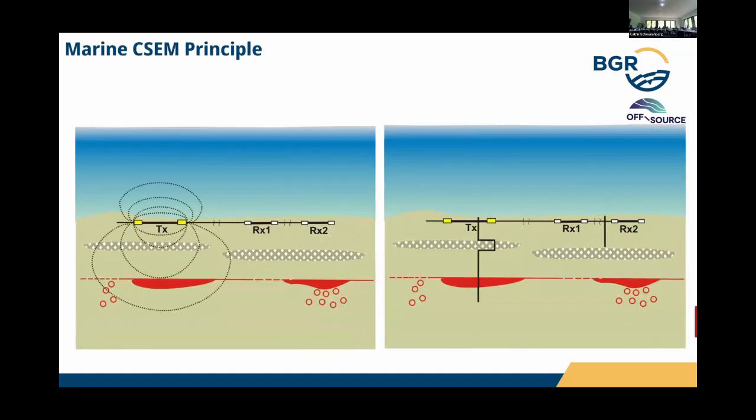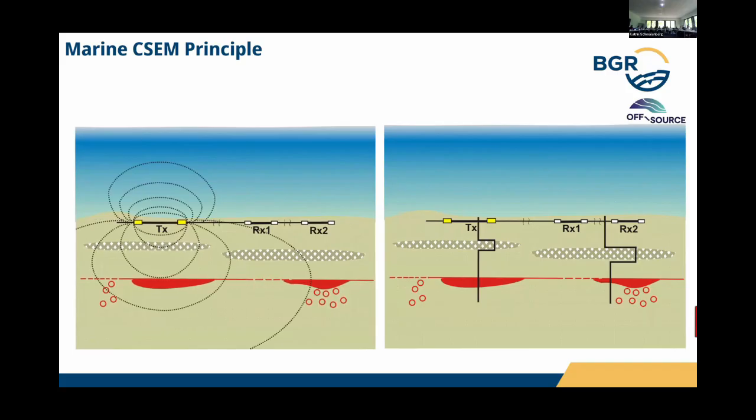Okay, to start with a basic controlled source EM principle. In this example on the left side, we have an electric dipole transmitter on the seafloor, and at some offset we have two receiving dipoles. We measure the inline component of the electric field. The electric field is a vector, but we only look at the horizontal transmitter dipole and receiving dipole.